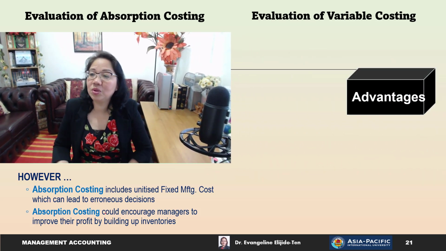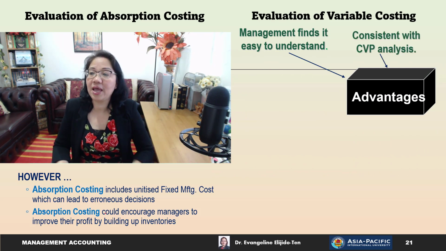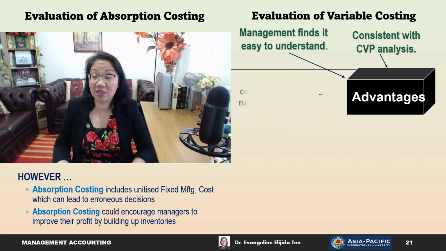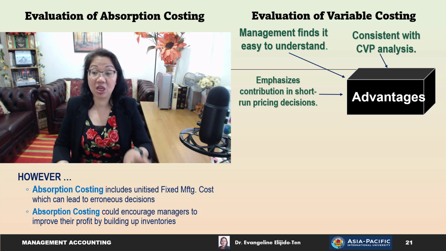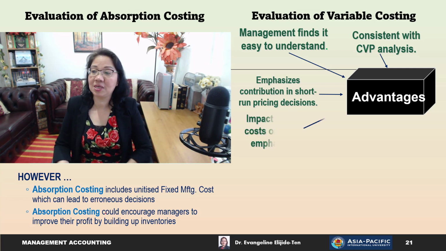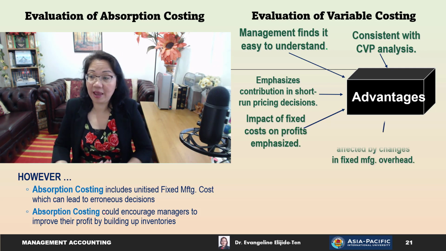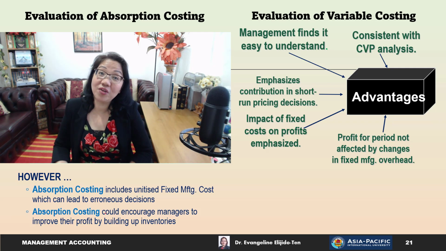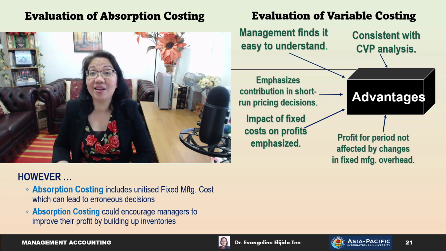What about variable costing? Well, management finds it easy to understand. It's consistent with CVP analysis. It emphasizes contribution in short-run pricing decisions, which could be useful for tactical decision-making purposes. The impact of fixed costs on profits is emphasized, and the profit for the period is not affected by changes in fixed manufacturing overhead.